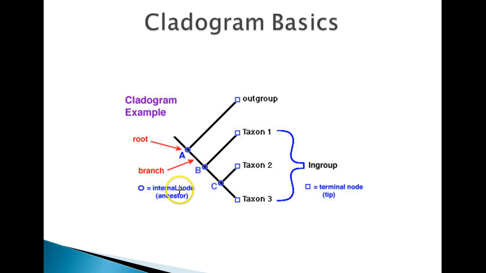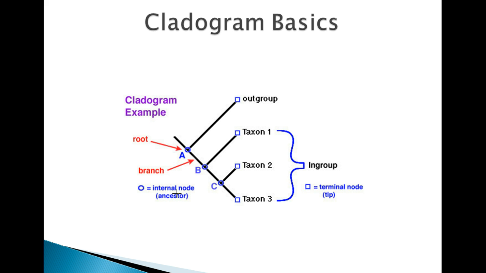Now, an internal node that you see right here. An internal node is the hypothetical last common ancestral population that speciated or split to give rise to two or more daughter taxa. Write that down and we'll explain it.